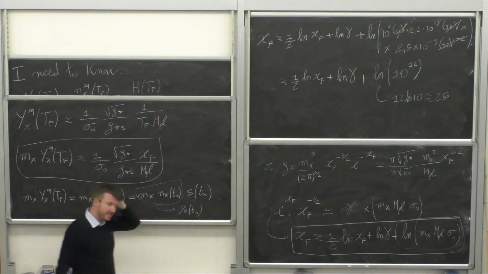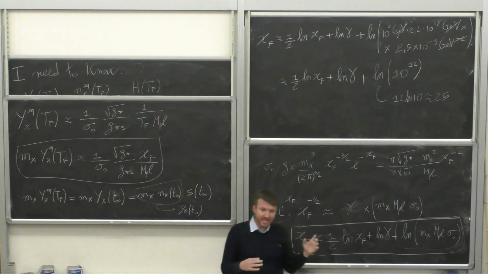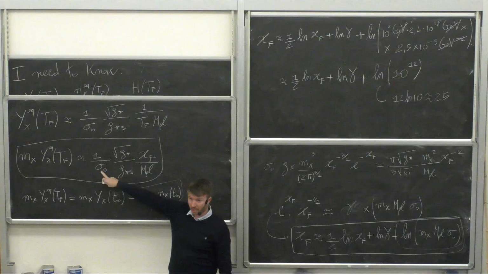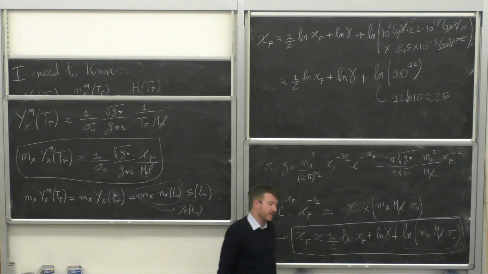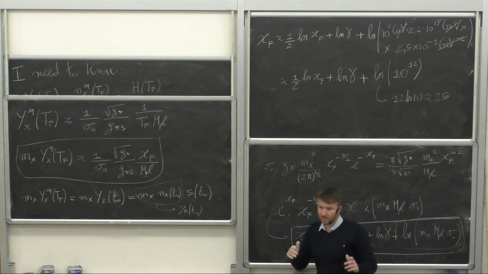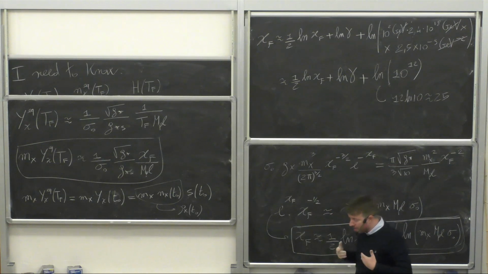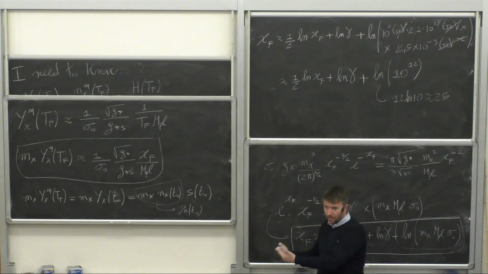What does it mean? It means that if the cross section is large, the relic density is smaller. Okay? If you increase the cross section, you end up with a smaller relic density. Why does it happen? You have to imagine that the dark matter particles are in the Maxwell-Boltzmann tail, the exponential tail of the distribution. And the longer you wait, the more severe this Maxwell-Boltzmann suppression will be.